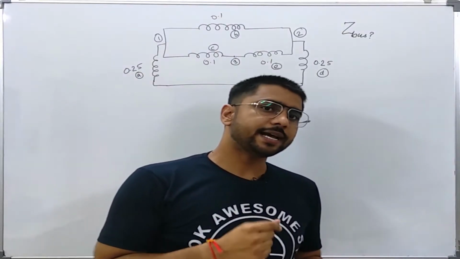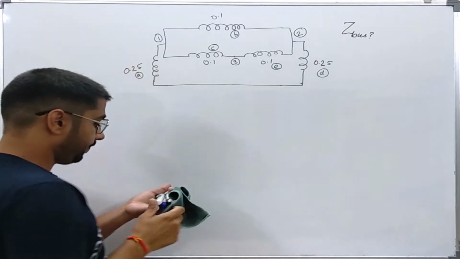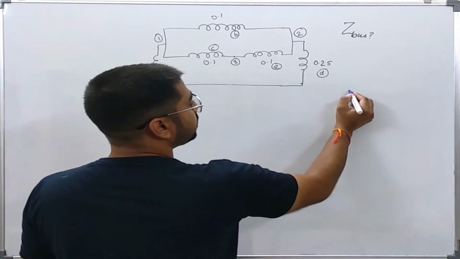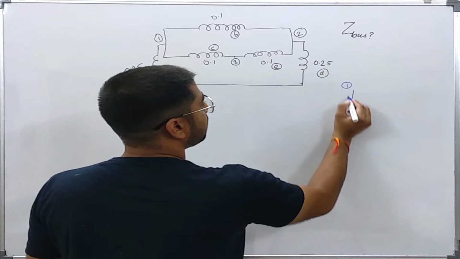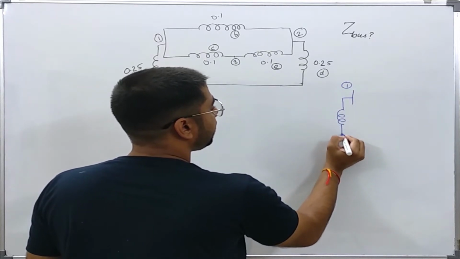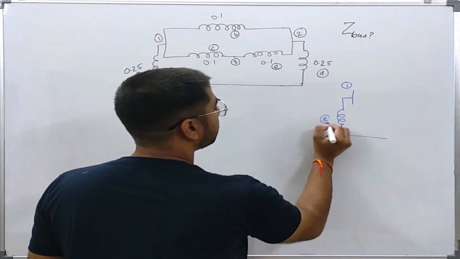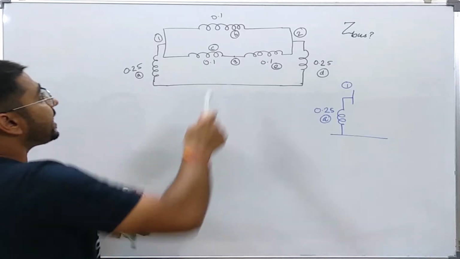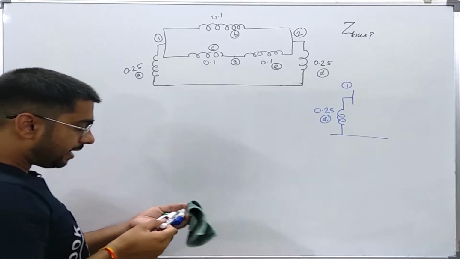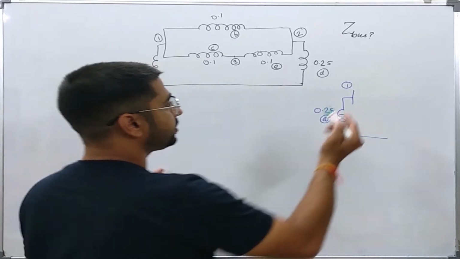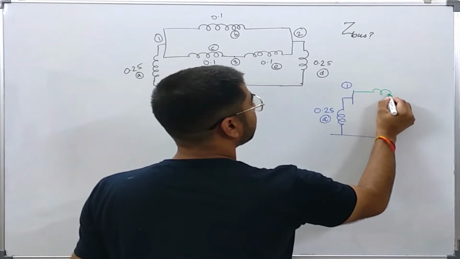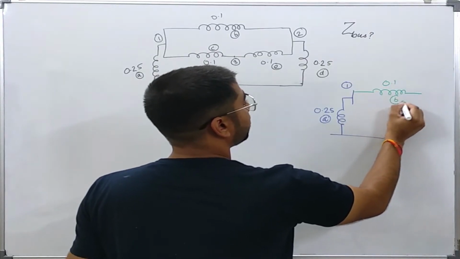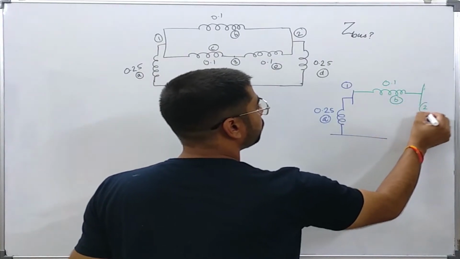Now let us add element number B. Till now our network is just bus 1, element number A, and the reference bus. Now we will add element number B, so our network will become like this, and this will be bus number 2.